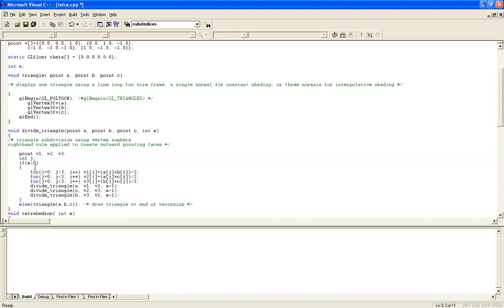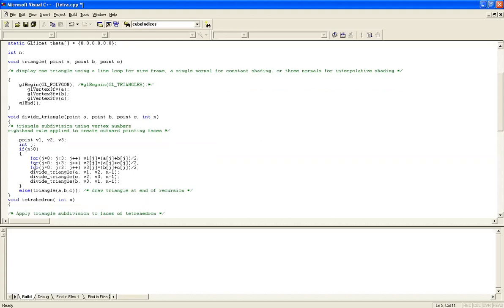But the very important thing is, if you give the m value as 0, you can see my condition here: m should always be greater than 0. If I give m as 0, then 0 is not greater than 0, so I come to the else part.